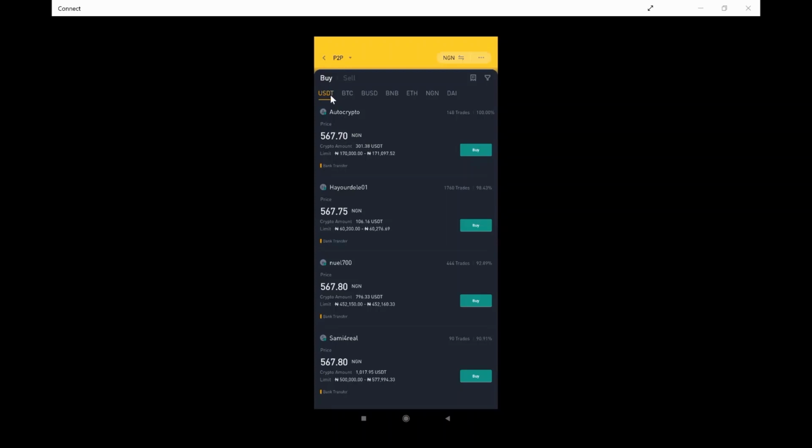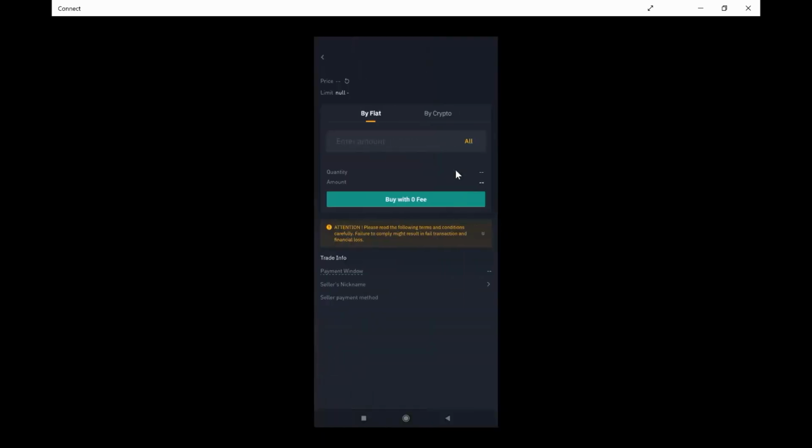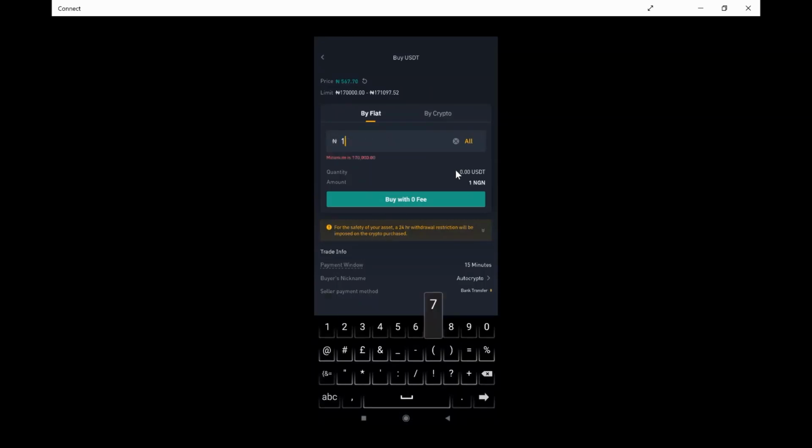And that account has to bear the same name as you bear on Binance, meaning the person has to look at the receipt of the transaction and be able to identify that, hey, it is you that's making the transfer. So you need to pay from your own account, not some other person's account. It has to be your own account.